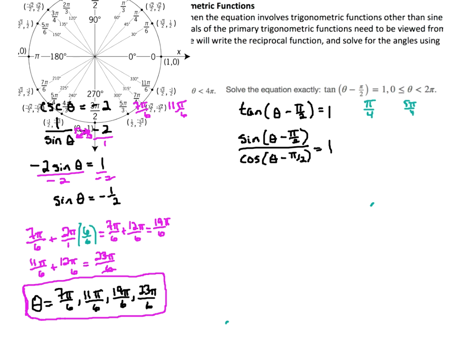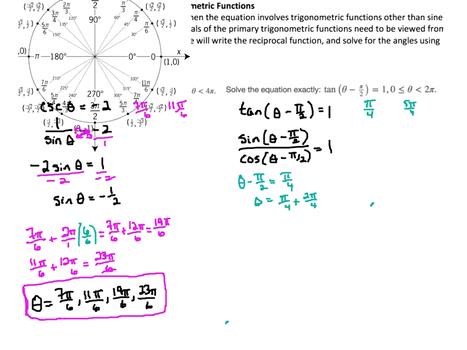We need to know, okay, well, when is theta minus pi over 2 going to be equal to pi over 4? Because we know that if we take the tangent of pi over 4, we get 1. So I add pi over 2 to both sides. I get that theta equals pi over 4 plus pi over 2. Okay, so pi over 2 is the same thing as 2 pi over 4.